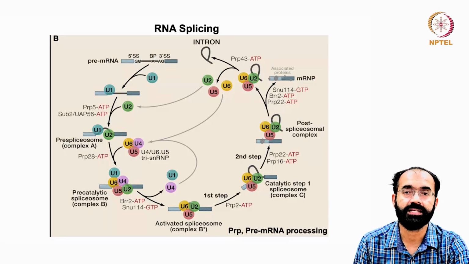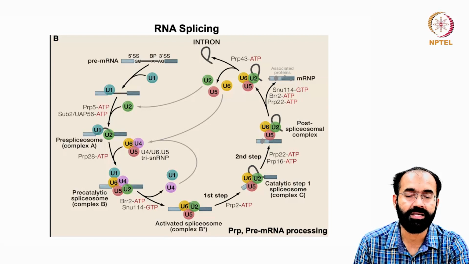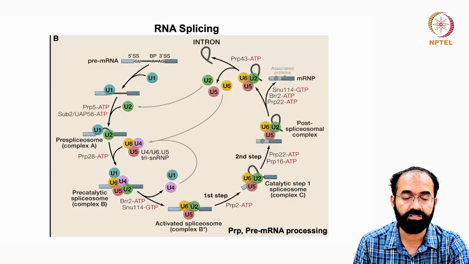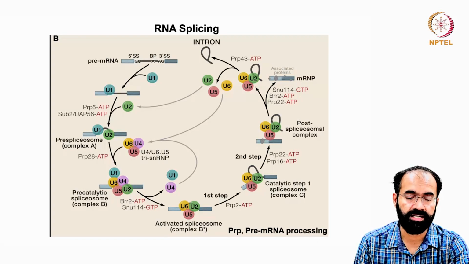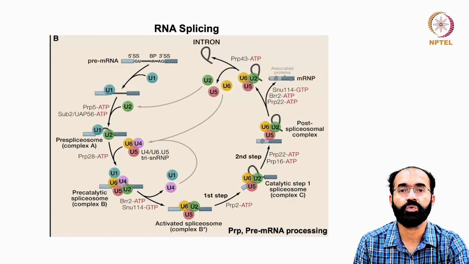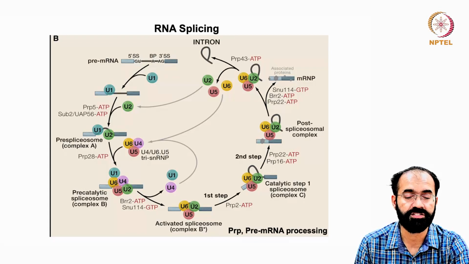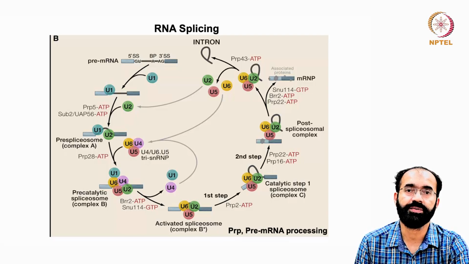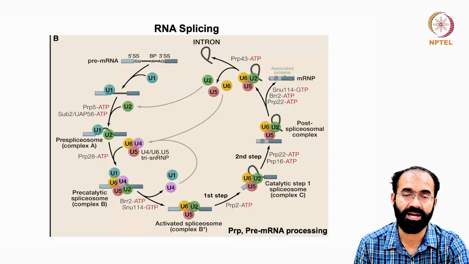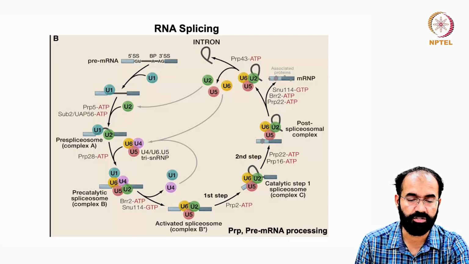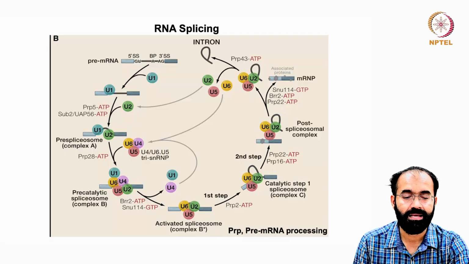At this stage there is utilization of ATP when U2 is joined, because that is facilitating the folding of this intron so that U1 and U2 can come together, because their pairing also is important, without which the first trans-esterification reaction cannot happen between the branch point and the first exon-intron boundary.